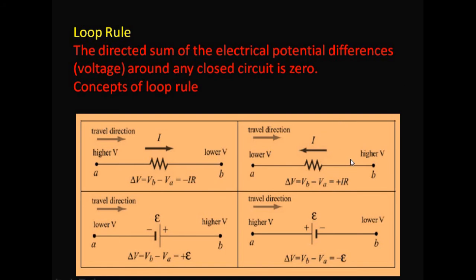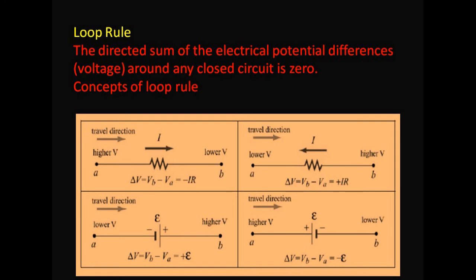Now just the reverse is here. Here you can see the current is from right to left, and you are taking the direction from left to right. So actually you are measuring the potential difference opposite to the direction of the current. So if you ever measure the potential difference across a resistor opposite to the direction of the current, you should take it as positive.